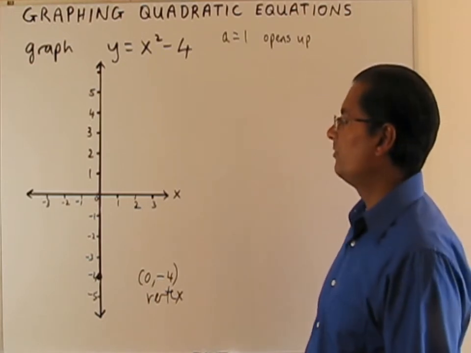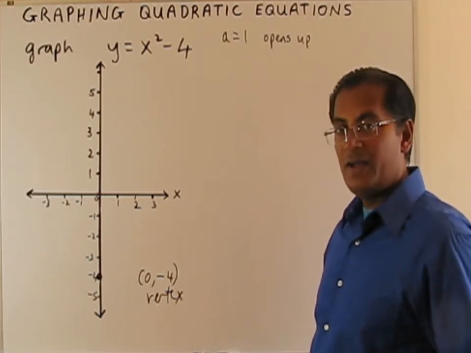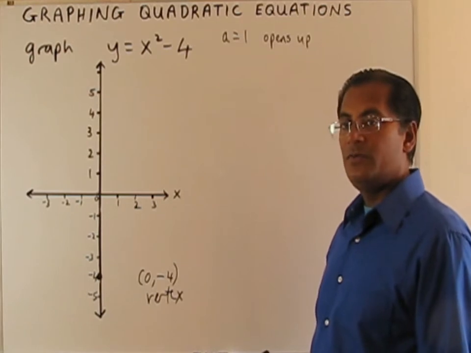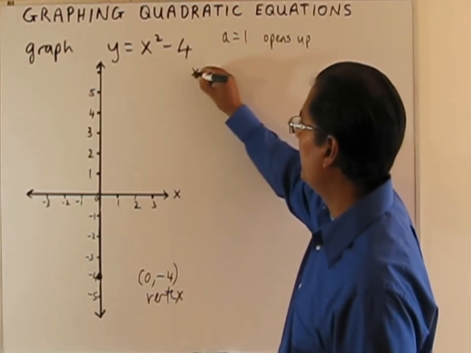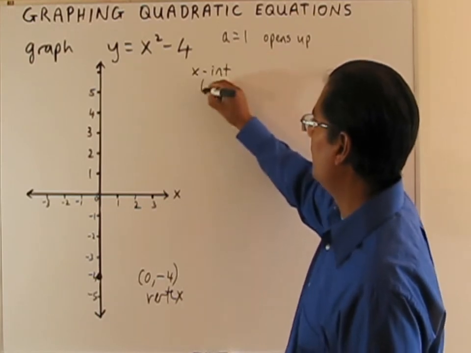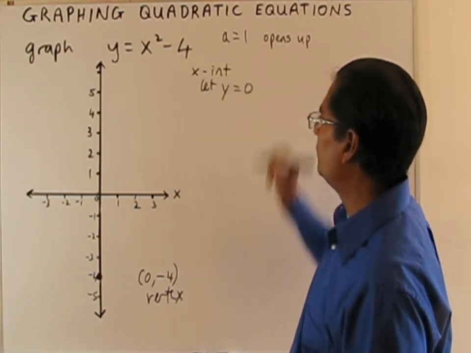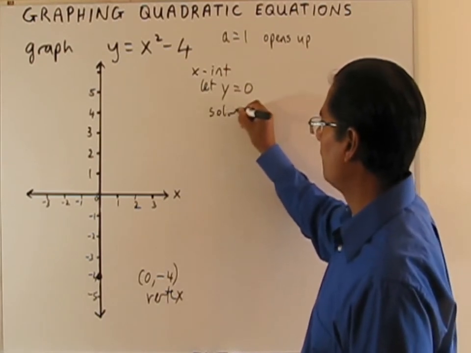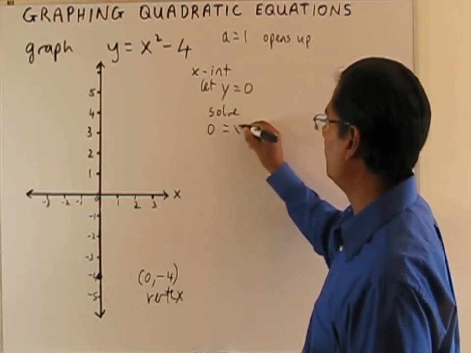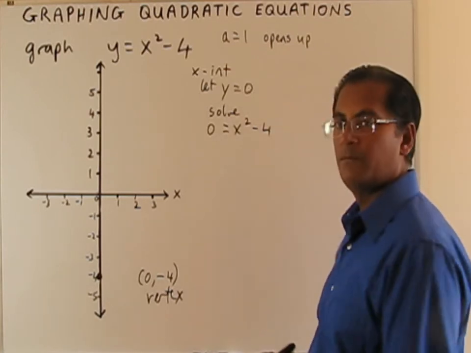The next step is to find the x-intercepts. To find the x-intercepts, you have to set y equal to 0. In other words, we're going to solve 0 equals x squared minus 4.